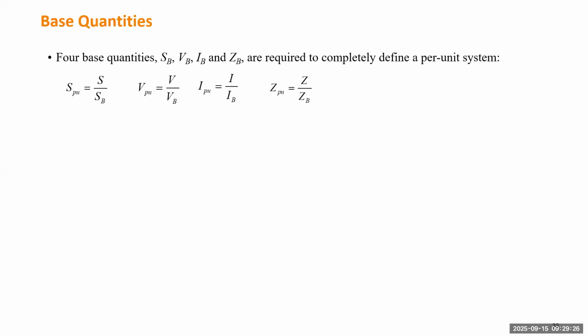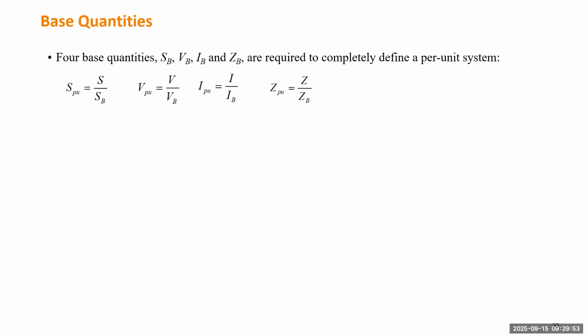So now let's talk about the definition and also calculation of the per unit values. In this entire course, most of our efforts are dealing with 4 types of quantities: power, voltage, current, and impedance. All right. So if you want to calculate per unit values of all 4 quantities, we have to have 4 different base quantities, right?